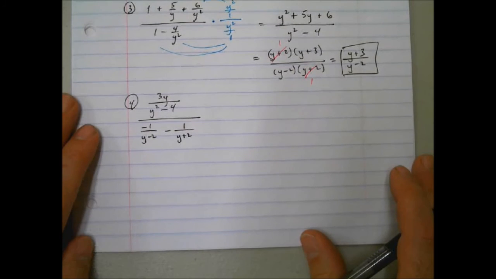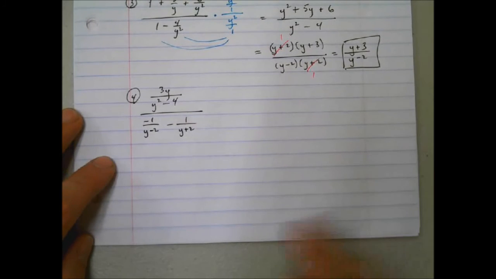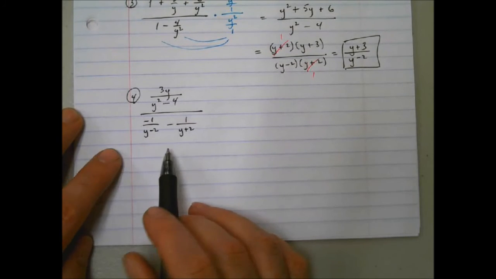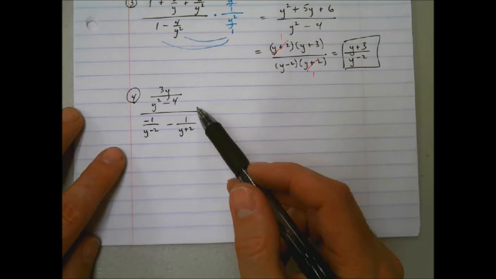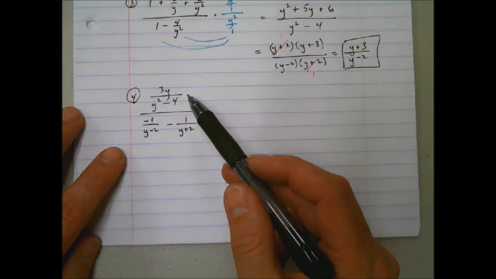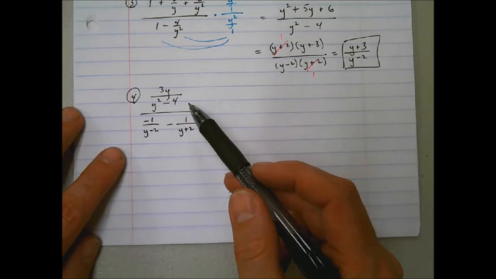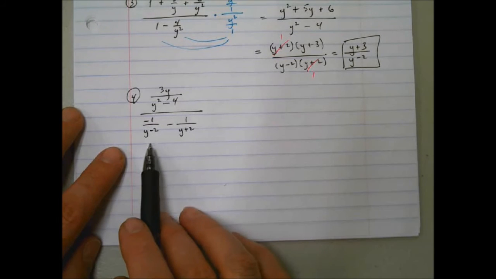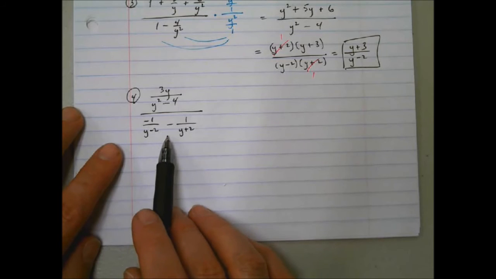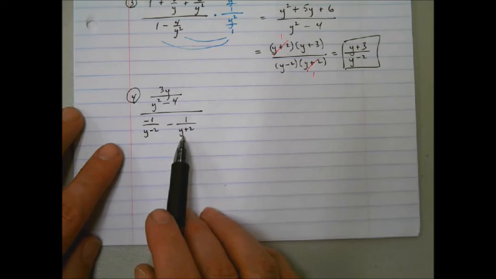Okay, let's do one more example of simplifying a complex fraction. And so here is our fraction, the 3y over y squared minus 4, all over negative 1 over y minus 2 minus 1 over y plus 2.